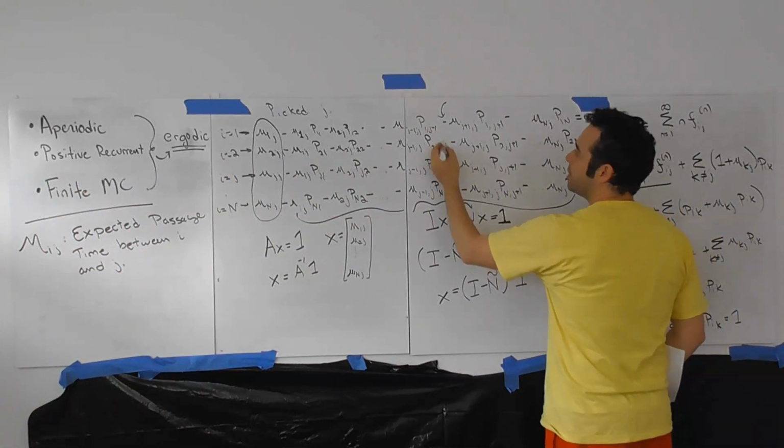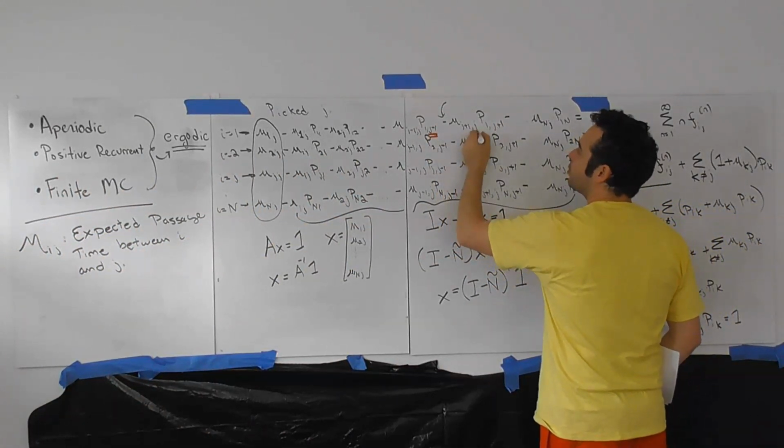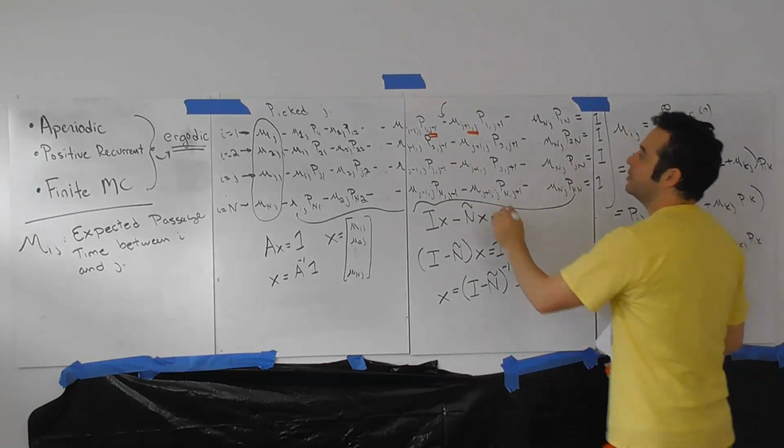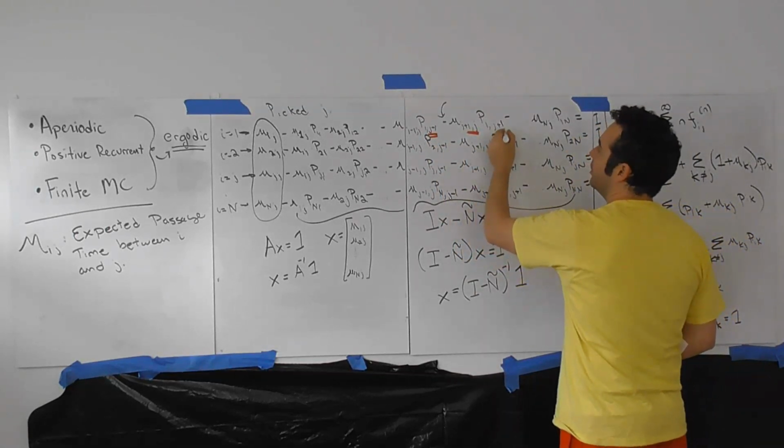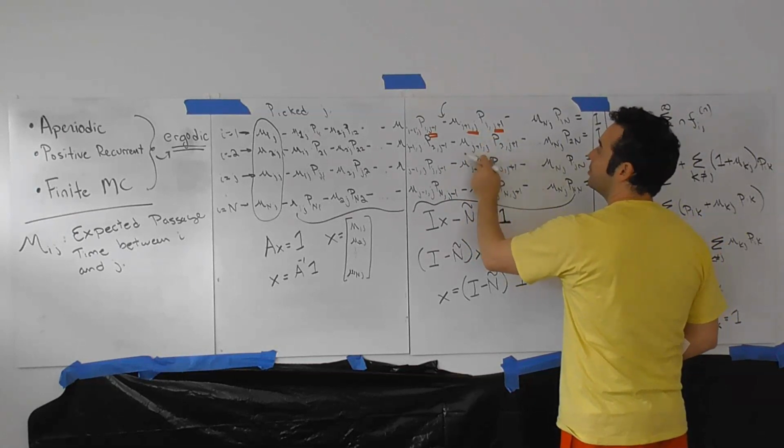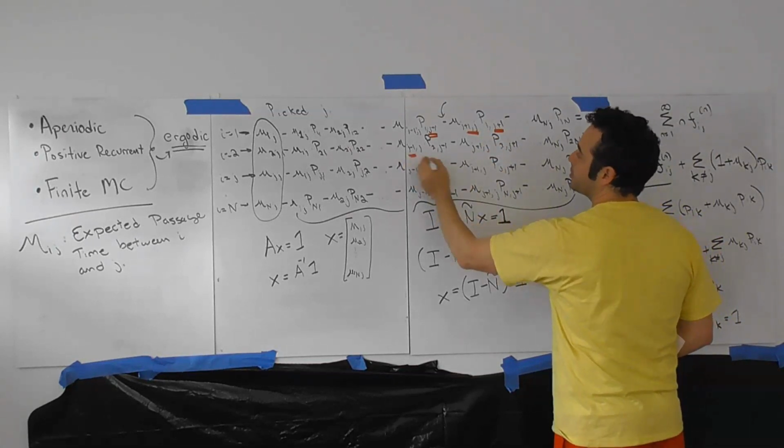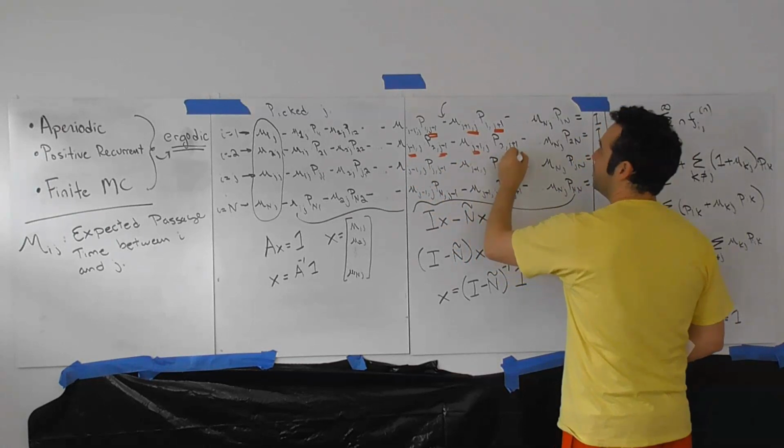You see how we jump from this j minus 1 to j plus 1, okay? So here we have minus 1, and then we go to a plus 1.